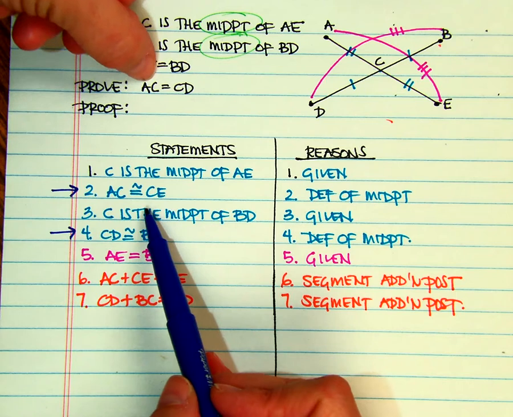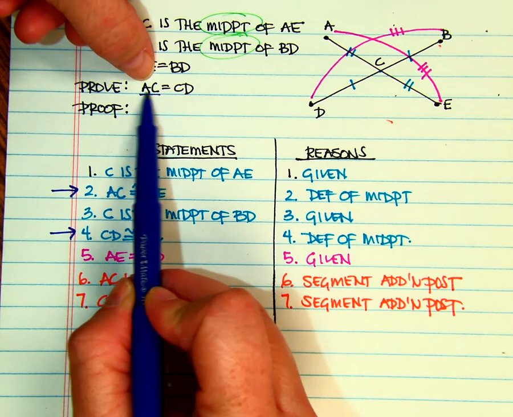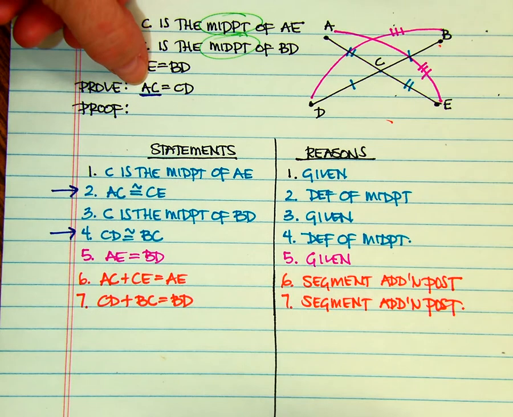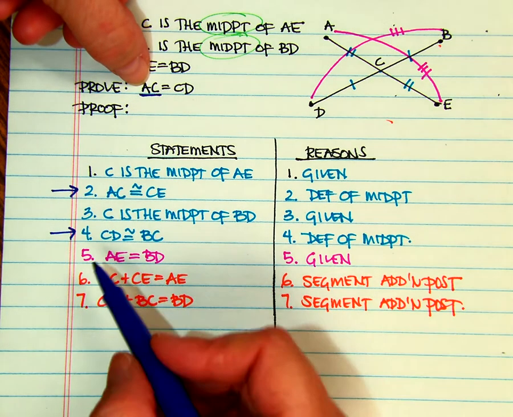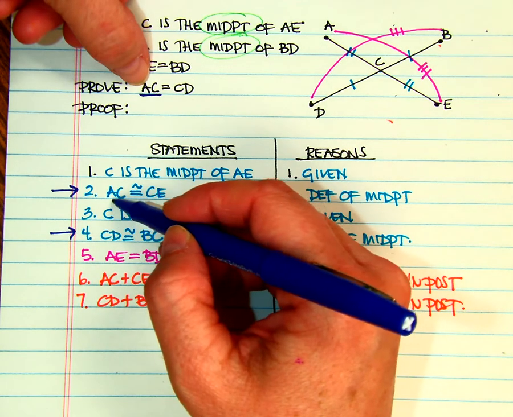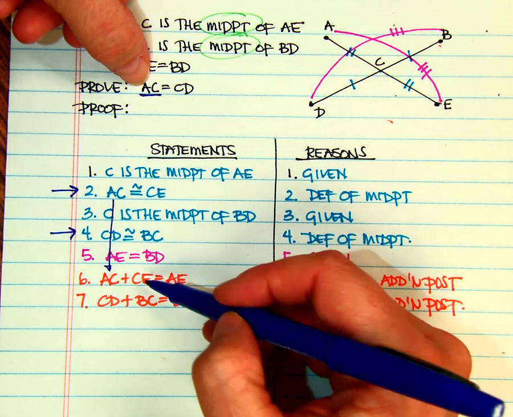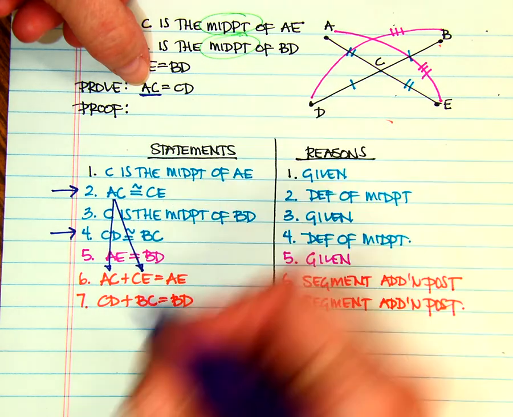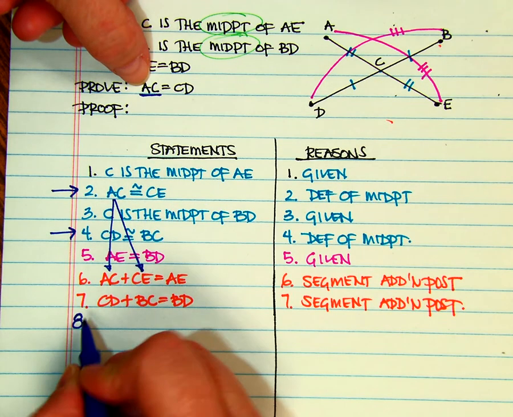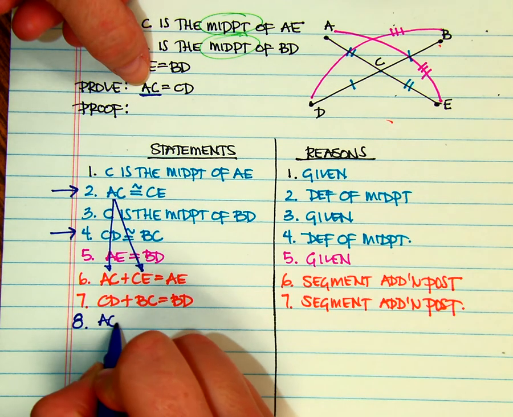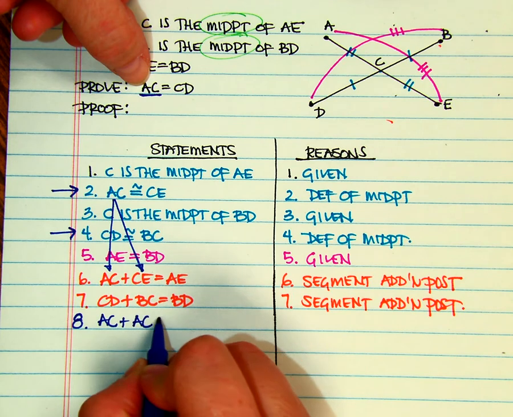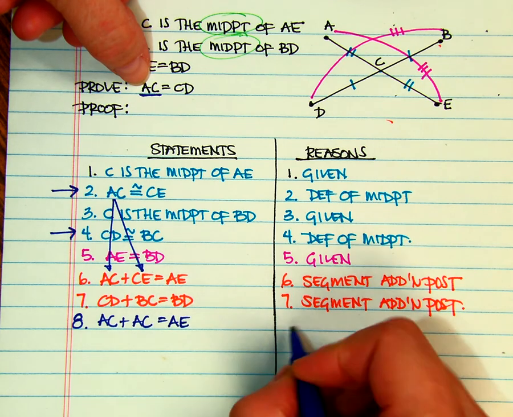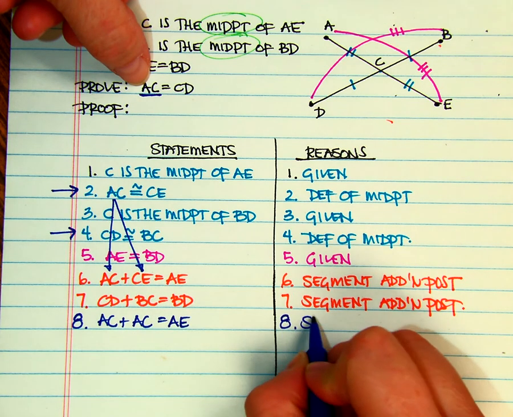But I am trying to prove AC, so I want to make sure I don't get rid of AC. So AC is not going to change, and because they're congruent, I'm also going to be putting an AC in here. So I have AC plus another AC equals AE. And that would be substitution.